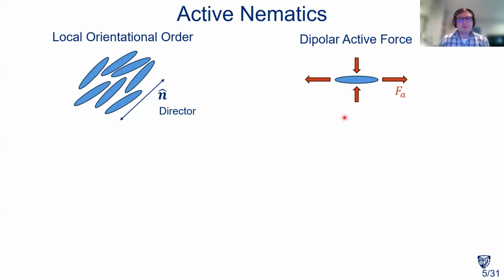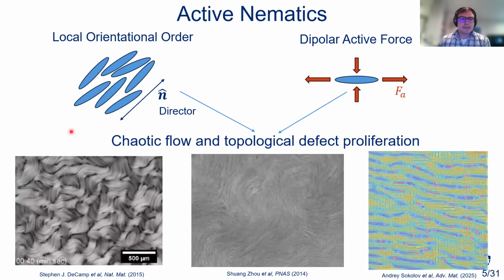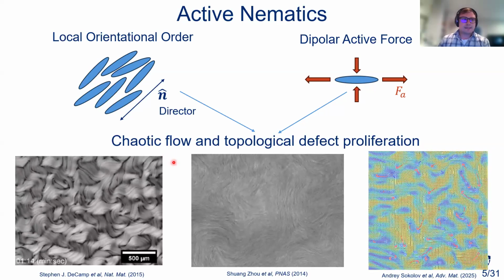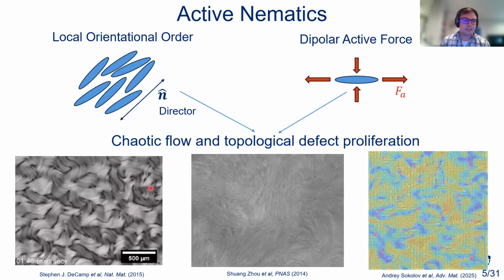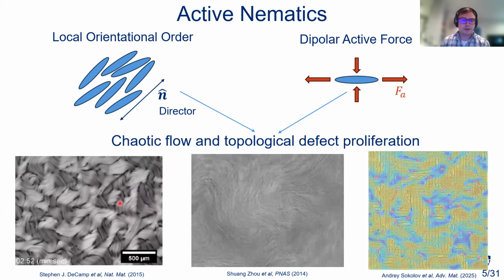So something really interesting happens when you put these two components together: you generically get chaotic flow and topological defect proliferation. Topological defects are points in the order which are singular, they can't be defined. And so here are three different examples of three different types of active nematics, all showing this phenomenology. On the left is a microtubule kinesin suspension.